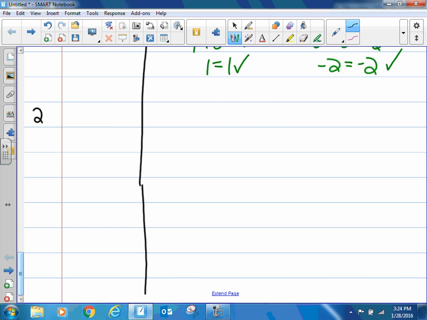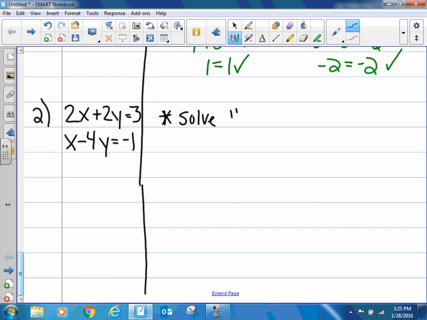Example 2. We have the equations 2x plus 2y equals 3 and x minus 4y equals negative 1. Okay? So let's first think. We're going to solve one of the equations for one of the variables. And since the second one looks easy, I'm going to solve number 2 for x.